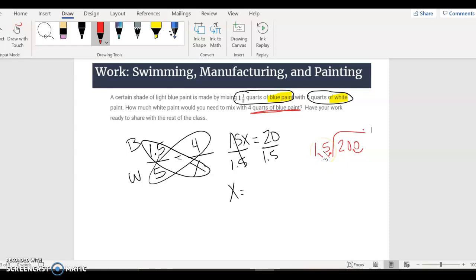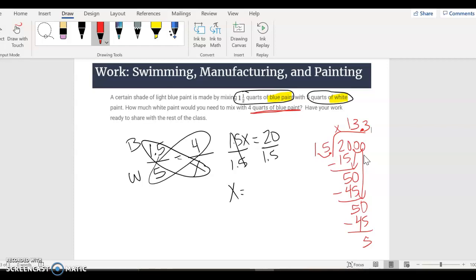Now, 15 will not go into 2, but it will go into 20 one time. 20 minus 15 leaves us with 5. Drop a 0. 15 into 50 goes 3 times. That gives us 45. 50 minus 45 is 5. Again, I already have my decimal up here, so I can drop a 0, and I'm back at 50, which we know is going to be 3 times, which gives us 45, and that's just going to keep happening over and over.